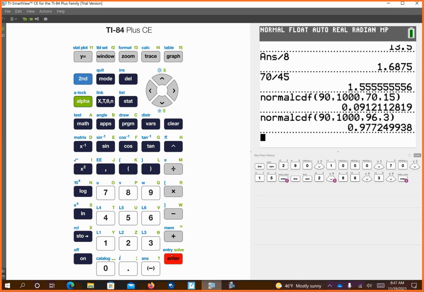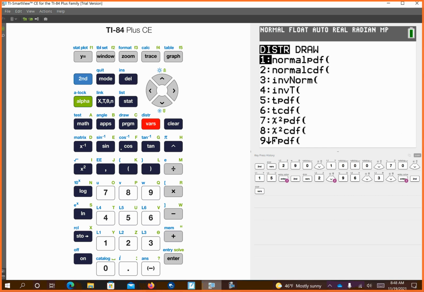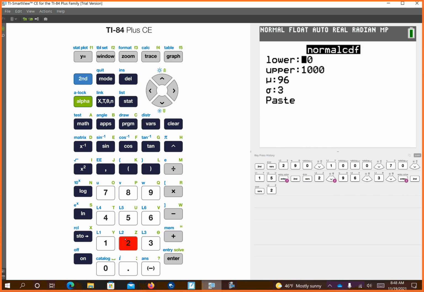Okay, so let's think about this. This is just going back to the normal situation, so I'm going to go back to normal CDF. If he leaves at 7:20, he needs to be at work at 8. So I'm going to have my lower limit 0, because like he drove really fast.